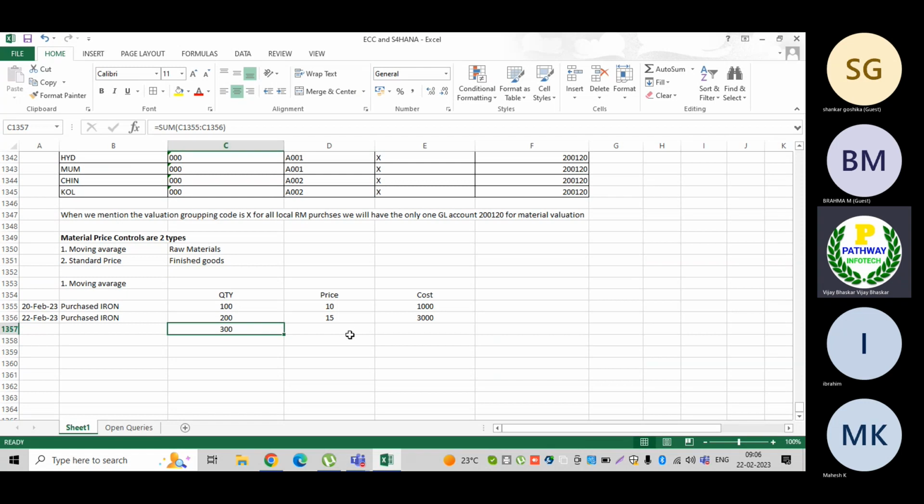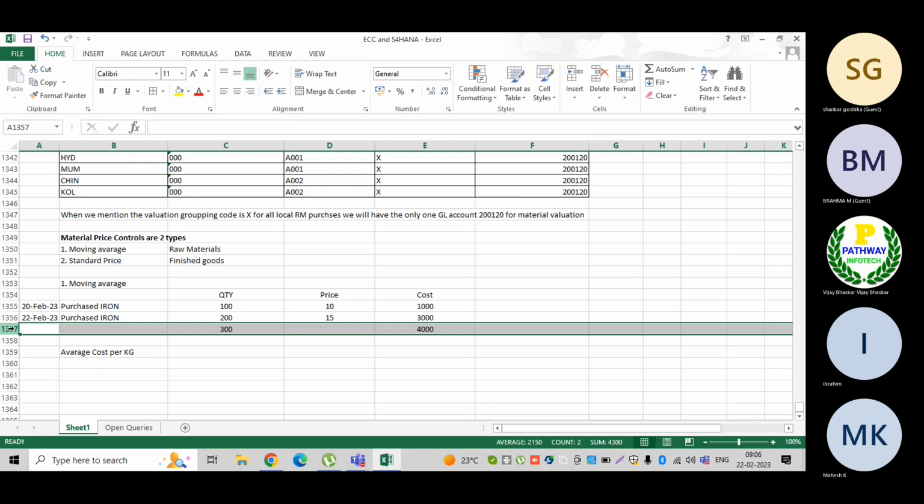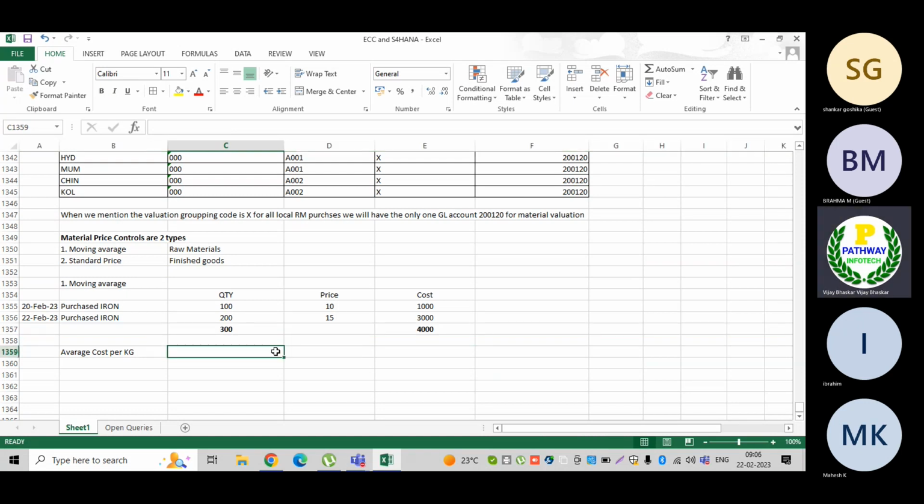Out of these 300 quantity, what is the total cost which we have incurred? Now the average cost per unit per kg is the total cost divided by 300.